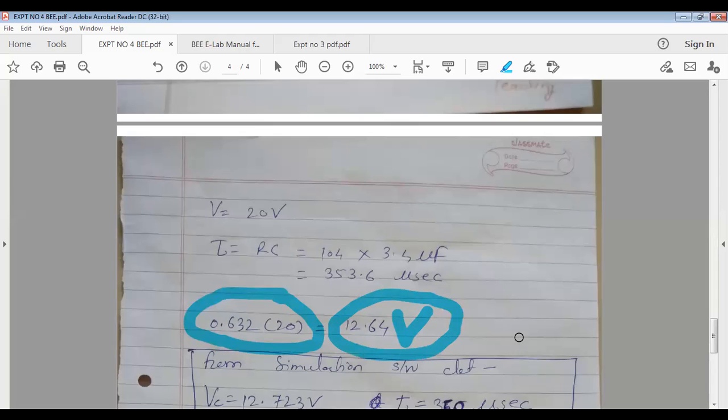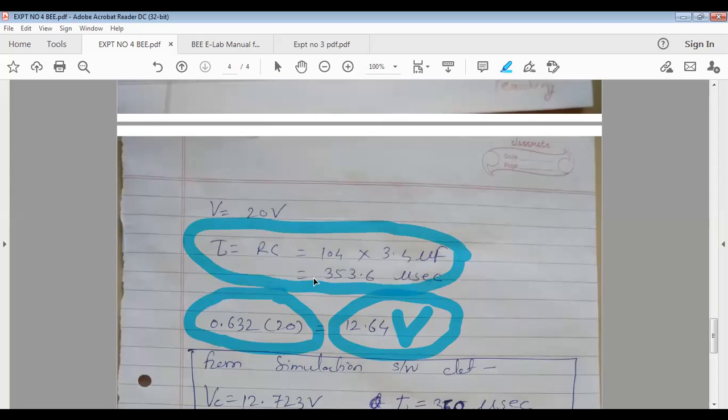All of you can see the calculations on the screen. It means when the time is 353.6 microsecond, which is equal to the time constant, the voltage across capacitor at that time is 12.64 volt.